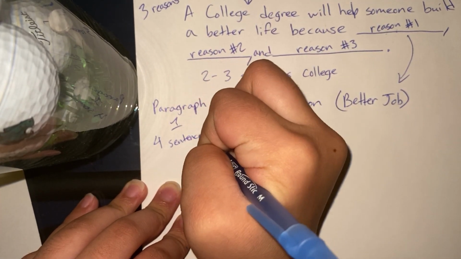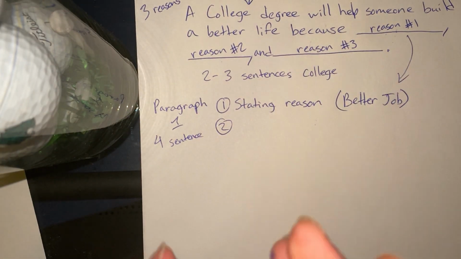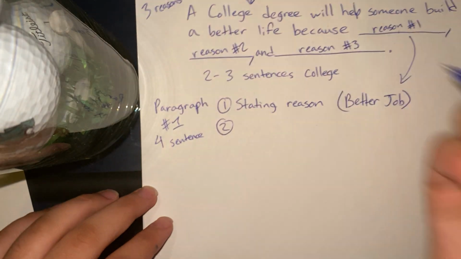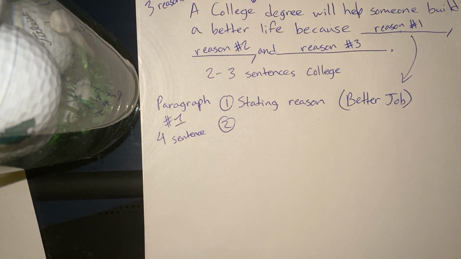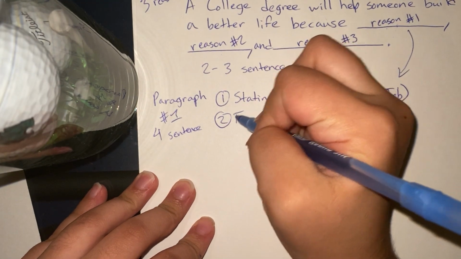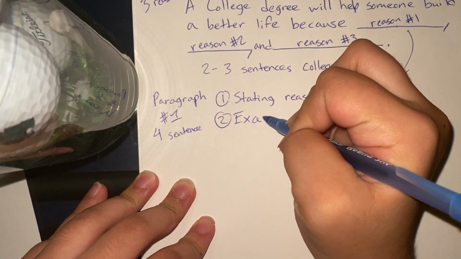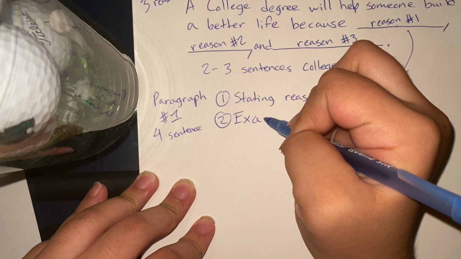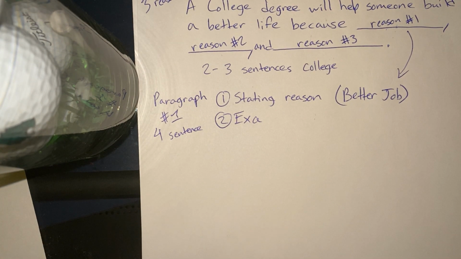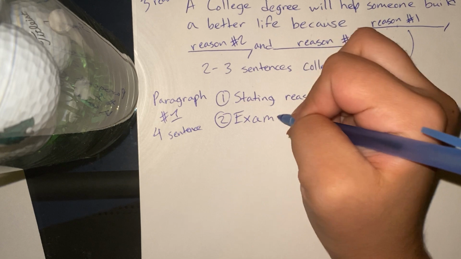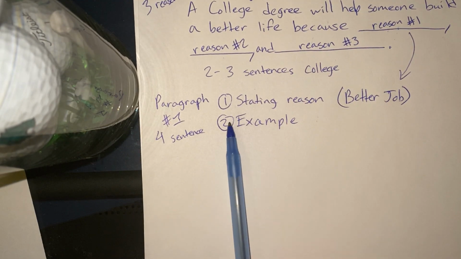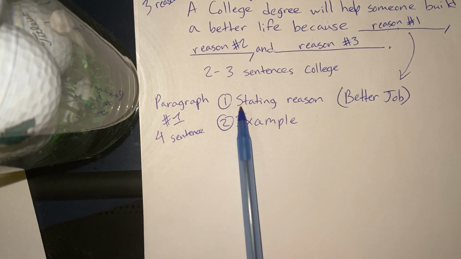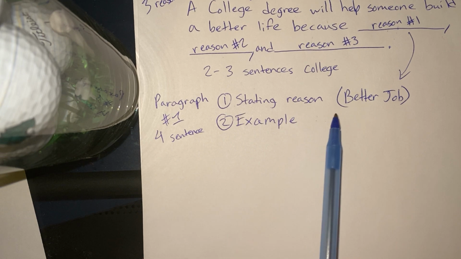You really only need 4 sentences, or maybe your professor said 5. It really just depends on your professor. In the past, I've had a lot of professors say 4 to 5, or 4, because they're not really looking for long essays, because they're not research essays. So your second sentence is an example.